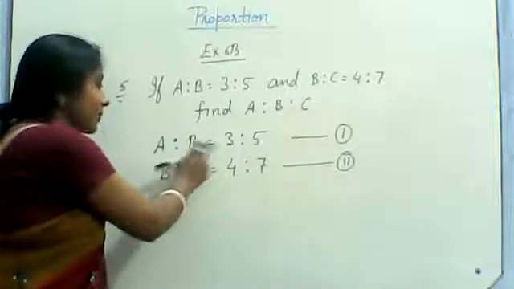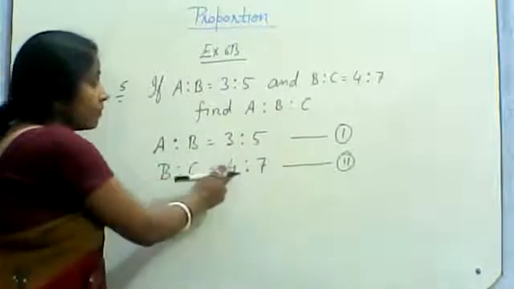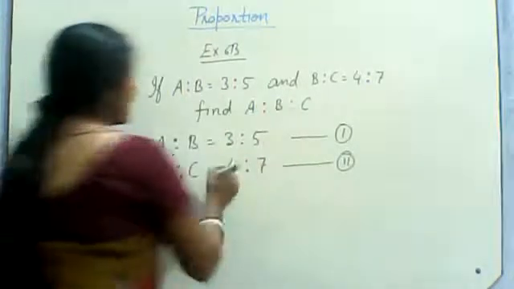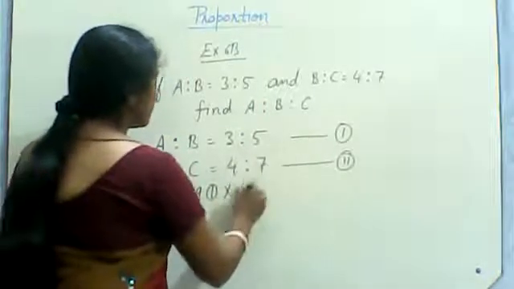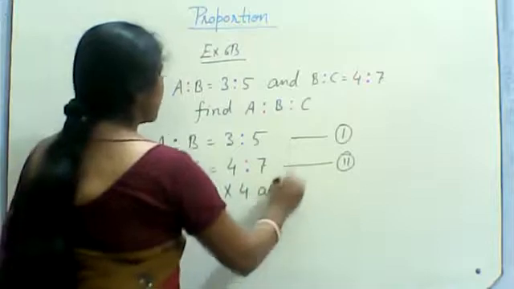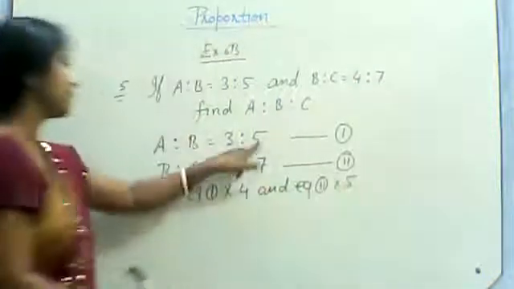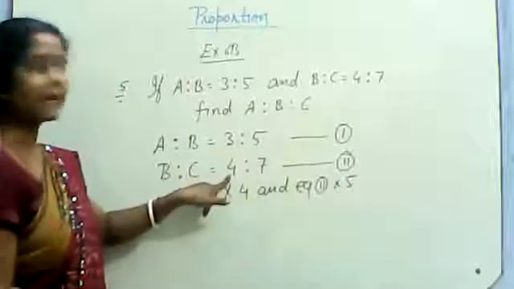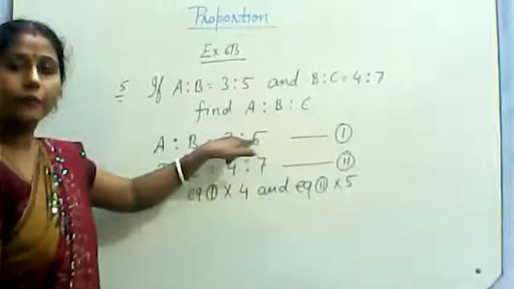According to this equation, B equals 5 and according to this equation, B equals 4. So what will we do? In equation 1, multiply by 4 and in equation 2, multiply by 5.